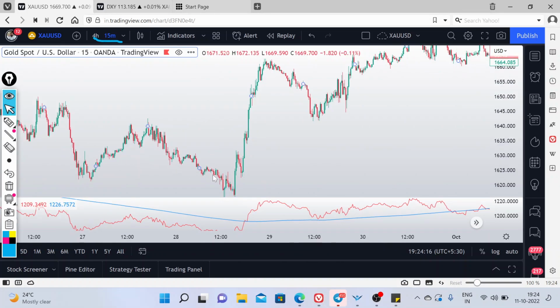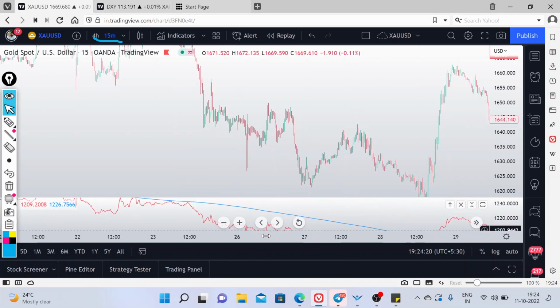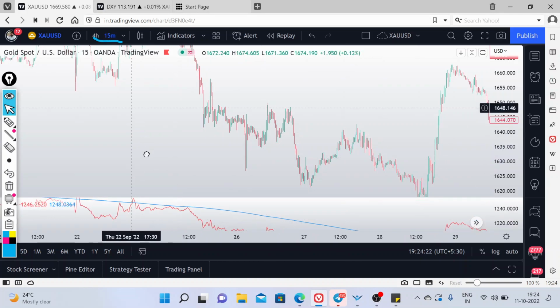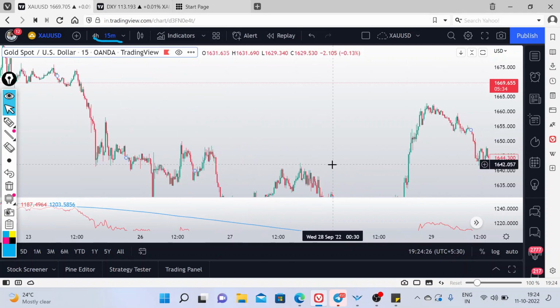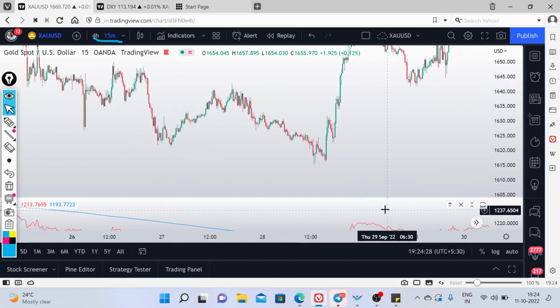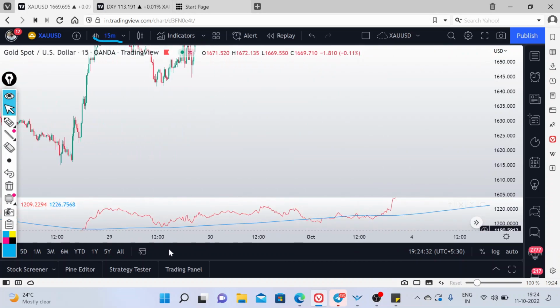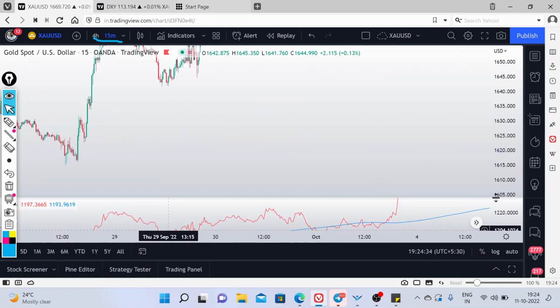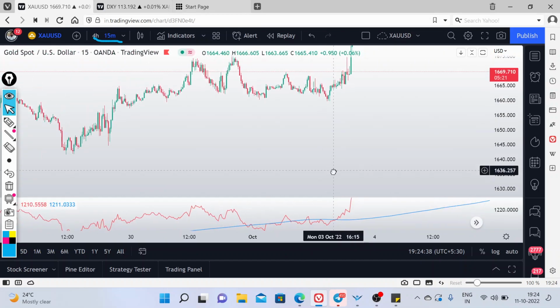You can check it on your own, because it is a very profitable indicator if you use it properly. You just have to work with your money management, and you do not have to enter at every generated signal. You just have to wait for a perfect entry.